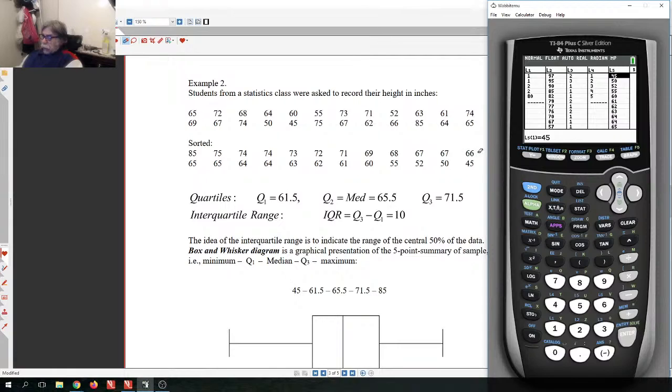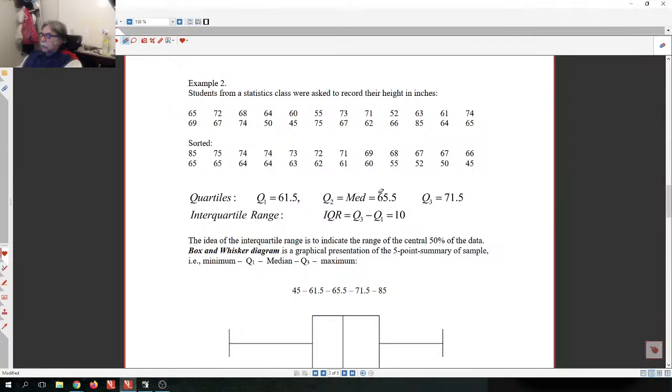Now you look at the remaining features, quartile 1 and quartile 3. That would be the median of the bottom half for quartile 1 and the median of the top half for quartile 3. So quartile 3 is bigger than quartile 1, of course, and the median is in between, right? In the bottom half, I have also an even number, 12, so I have 2 in the middle, 62 and 61.